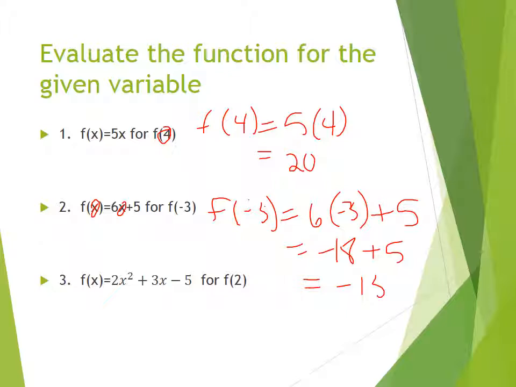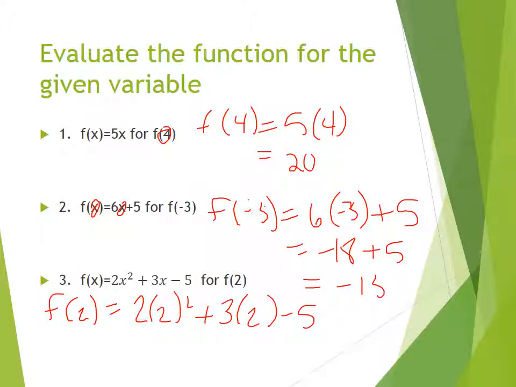And the last one, f of 2 equals 2 times 2 squared plus 3 times 2 minus 5. So if there are multiple x's in the equation, you plug that same number in for all of those x's.